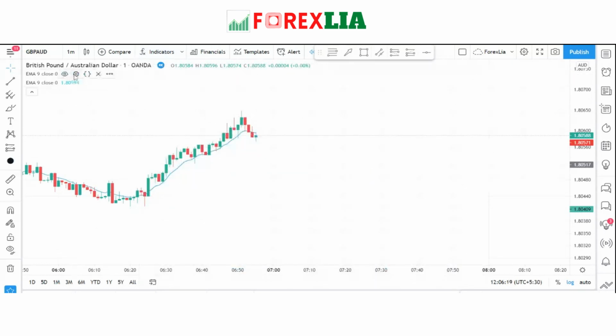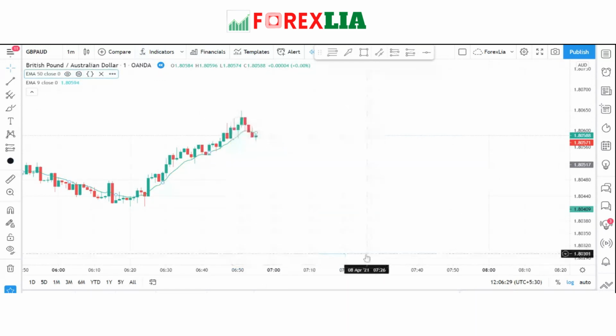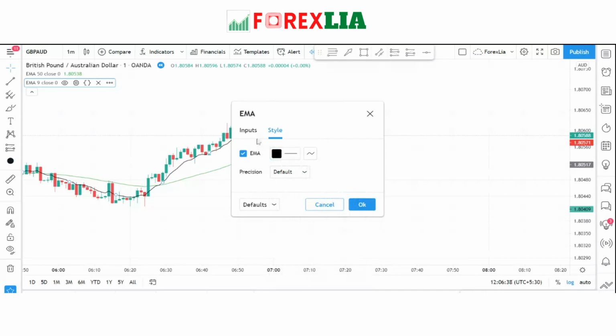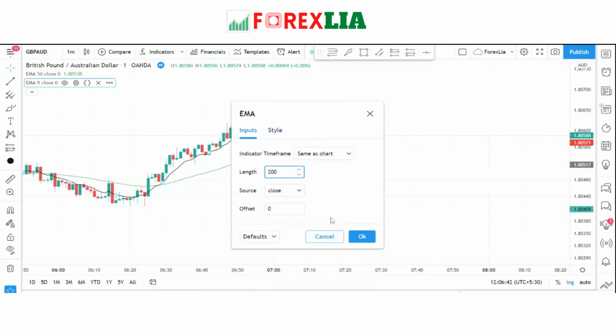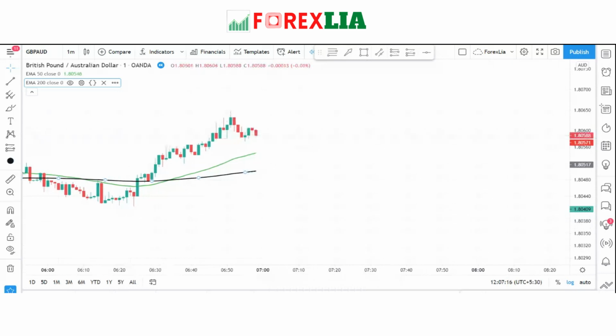For this strategy we need two EMA indicators, the first one 50 period and the second one 200 period. The 200 EMA is only the trend confirmation EMA.